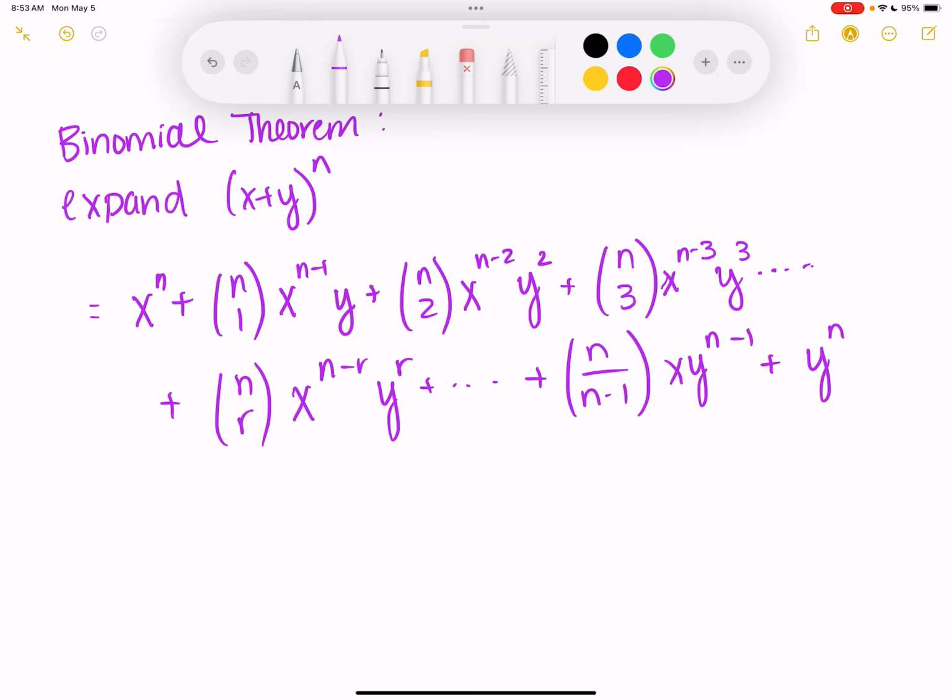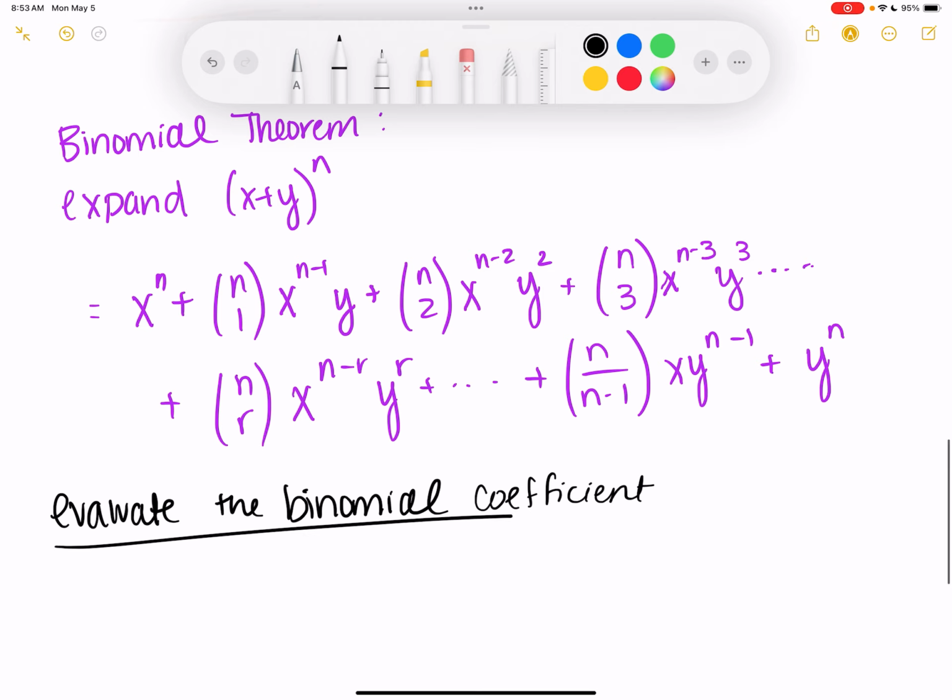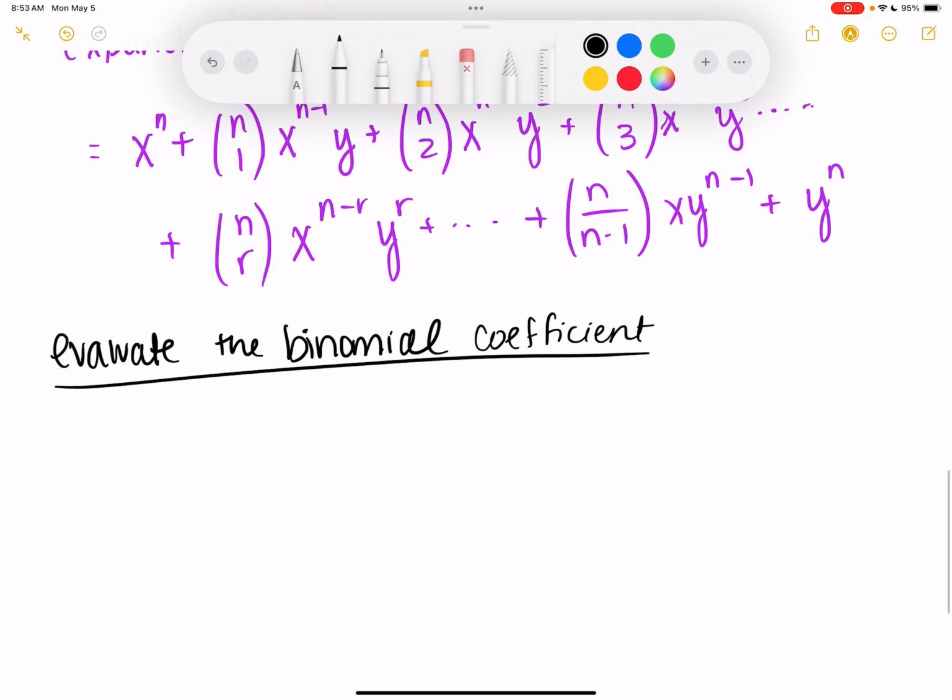So the first one says to evaluate the binomial coefficient. So 5 choose 2 is 5 factorial over 2 factorial, 3 factorial.